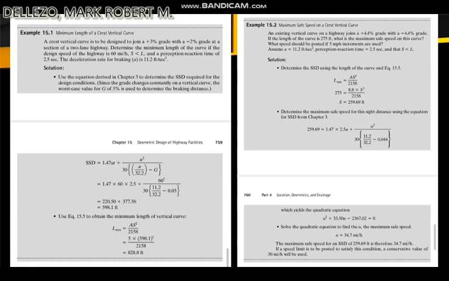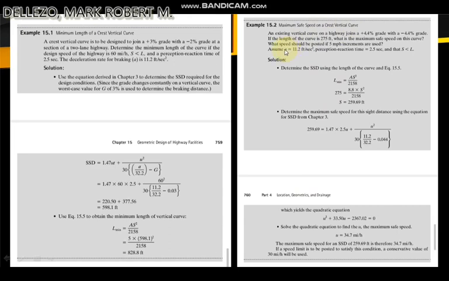We go to the second example: the maximum safe speed on a crest vertical curve.